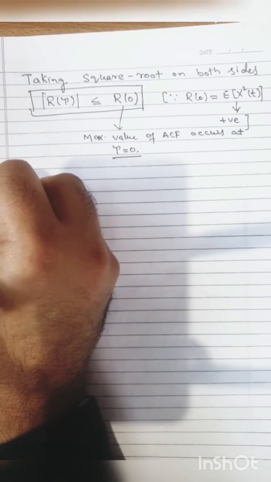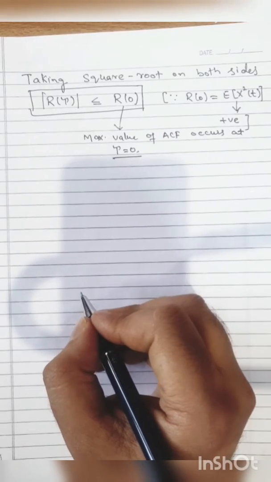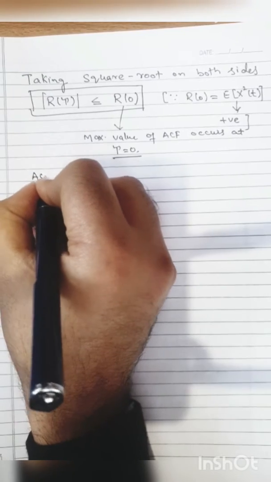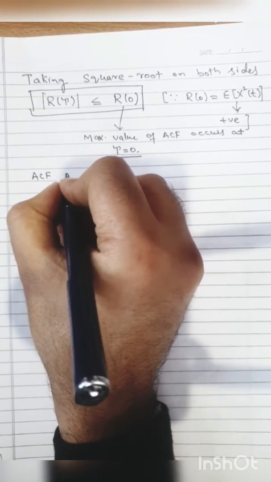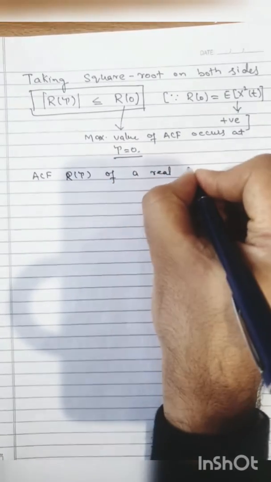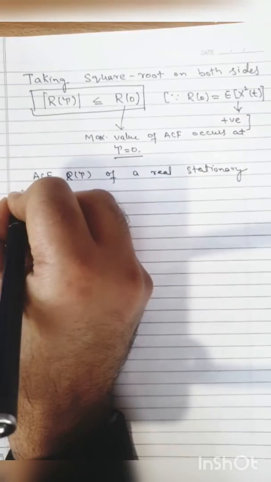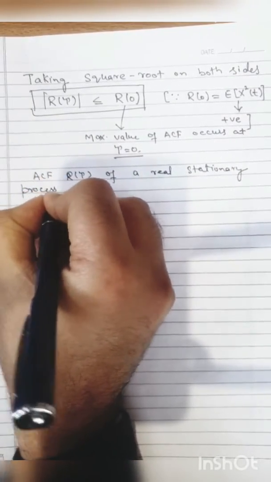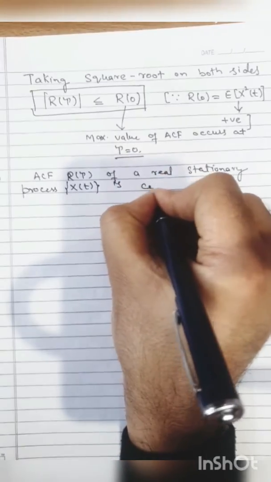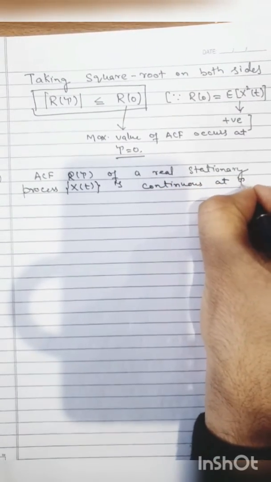Similarly, there is another property which I will just write and you will try to prove: the autocorrelation function R(tau) of a real stationary process X(t) is continuous at tau equal to 0.